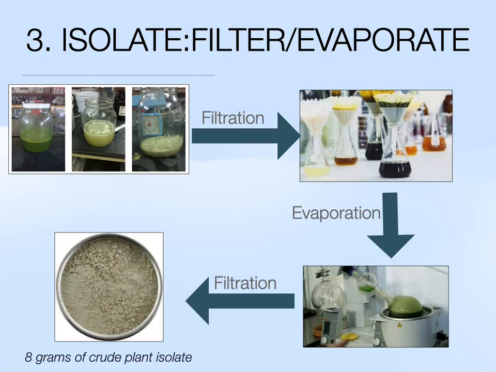And it is a physical separation that takes place by way of a filter funnel and a flask. So that is pictured in the upper right corner, where you can see the plant residue is actually isolated and collected in the funnel itself, while the solvent that contains the colored phytochemicals are filtered into the bottom of the flask.